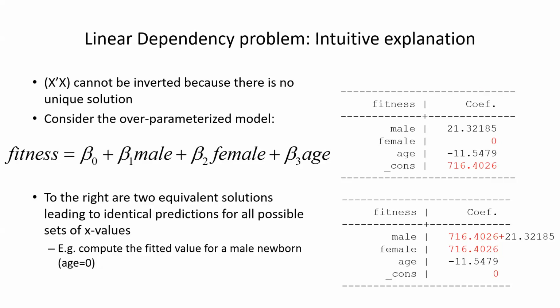Here I have female equals 0 and constant 716. This is what the model originally suggested, kicking out female. And here I've said, well, my constant is going to be 0, and I'm adding the 716 to the male and female indicators. So you can check that out. If you take any combination here, these two sets of coefficients are going to give you the same answer.